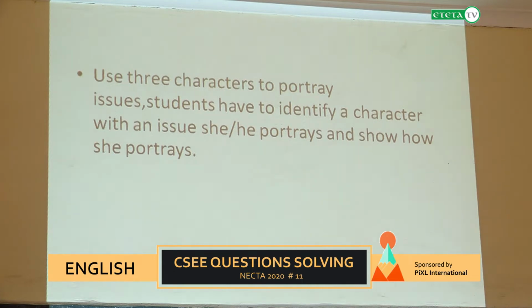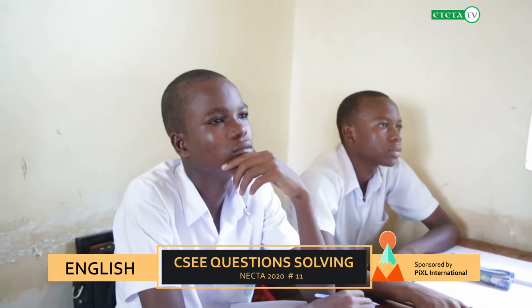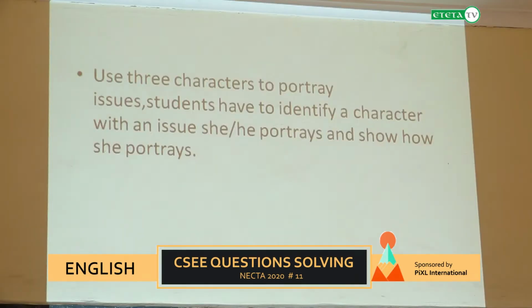In this question, you are instructed to use 3 characters to portray various issues. Dear students, you are required to identify a character and the issue that she or he portrays.